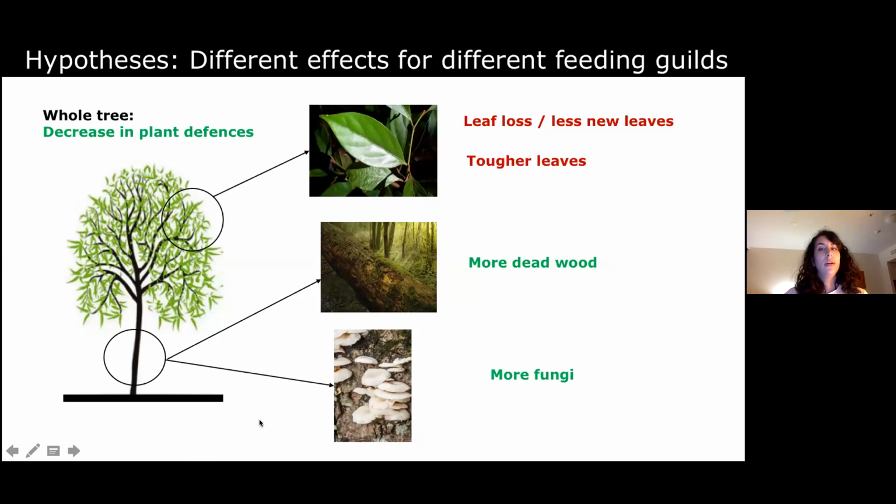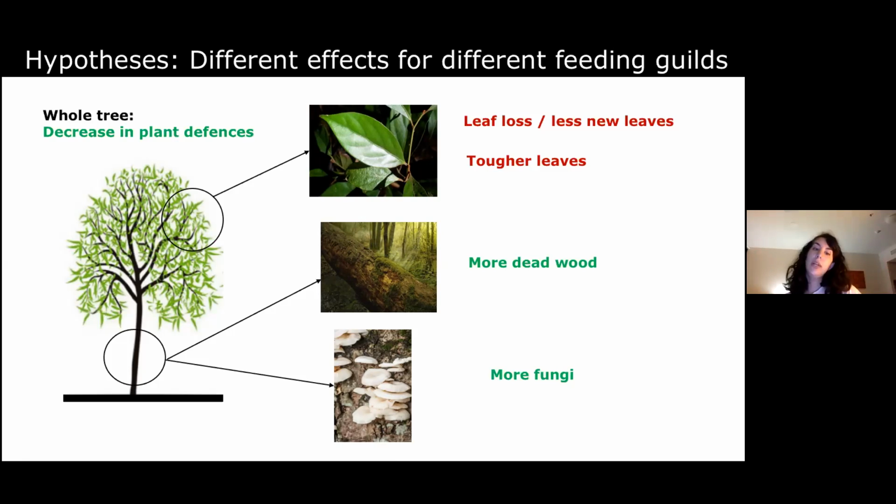All right, so in terms of hypothesis, my main hypothesis was that I would find really different effects of drought depending on the feeding guild. The reason is that some things happen on the scale of the whole tree, like I said previously, a decrease in plant defenses, which would be something positive for a lot of insects.